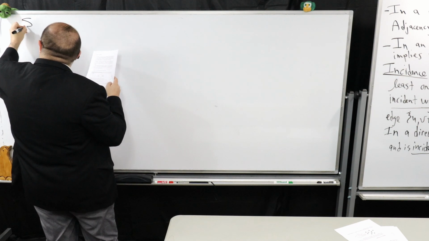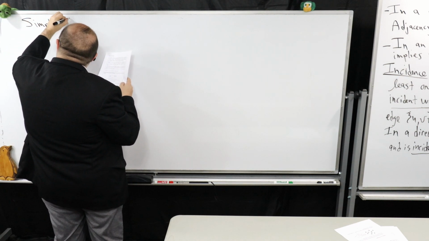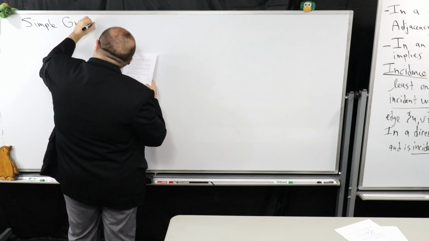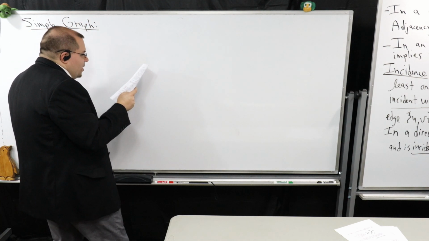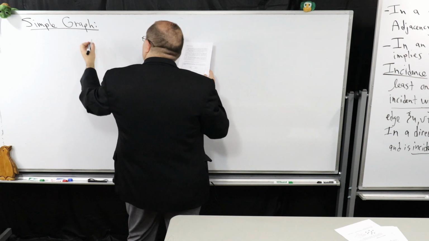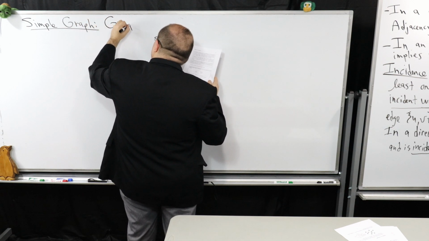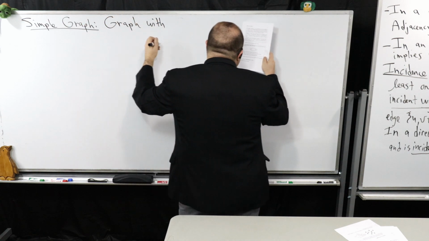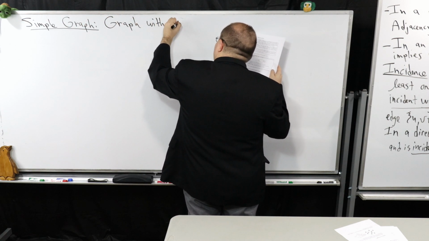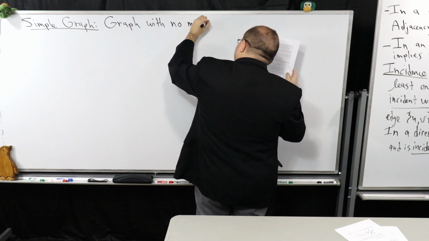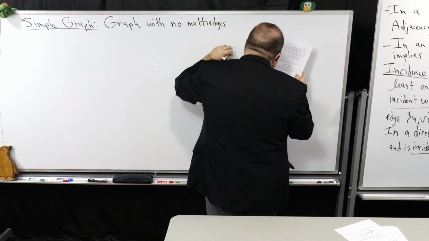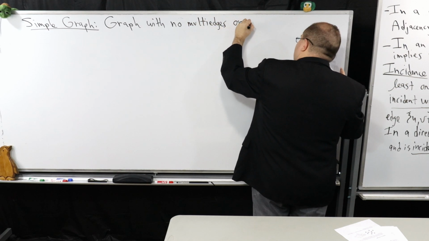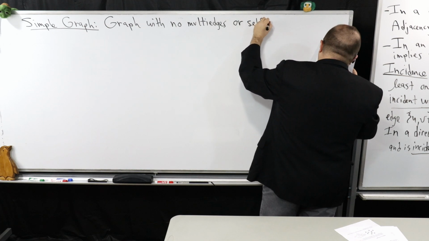If ever I talk about a simple graph, these are normally what I'm going to presume I'm talking about unless I say more. So this is a graph with no multi-edges, which I'm going to define in a moment, or self-loops, another thing I'm going to define in a moment.